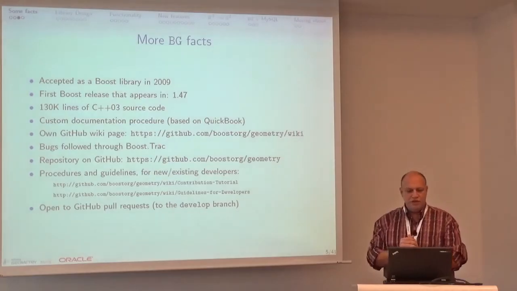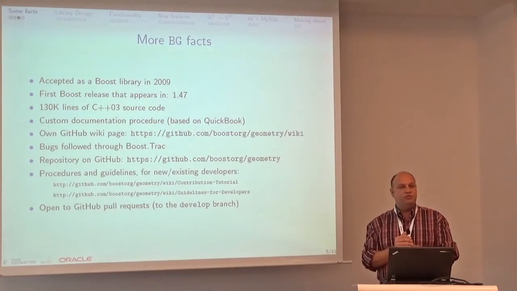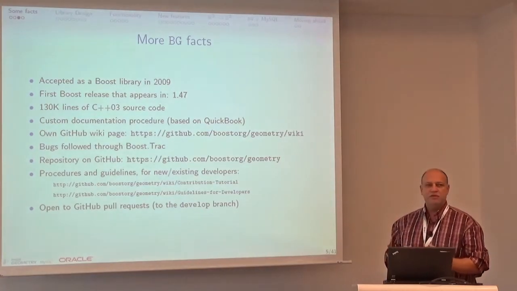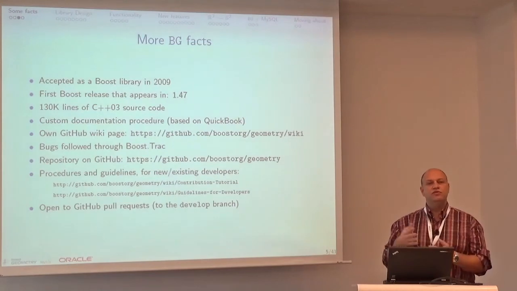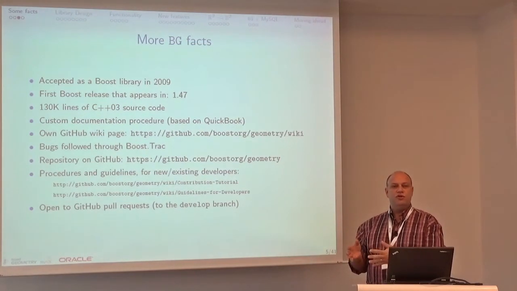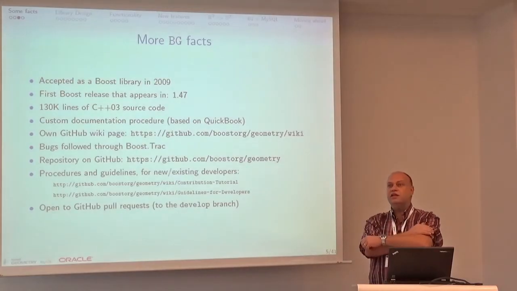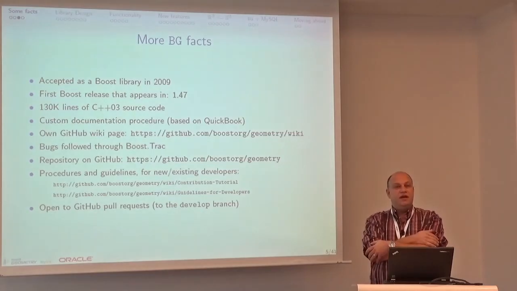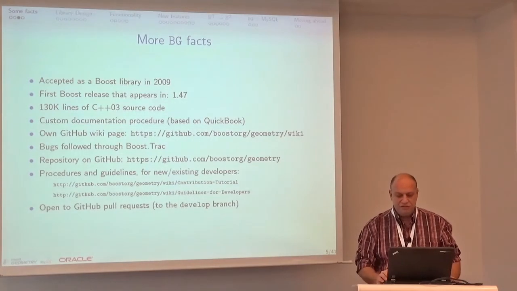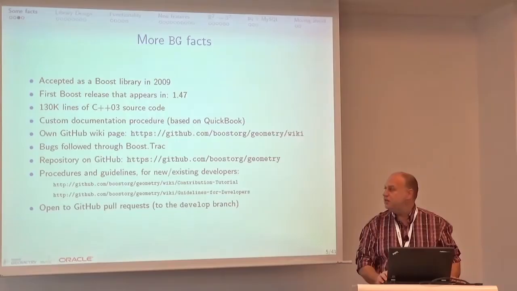Of course, the GitHub repository of the library is open to pull requests, which should be made to the develop branch. If you want to submit a bug fix, you go to your own Git repository, create a patch, and make a pull request to the develop branch of the library. It gets reviewed, and eventually, if everybody agrees, accepted.